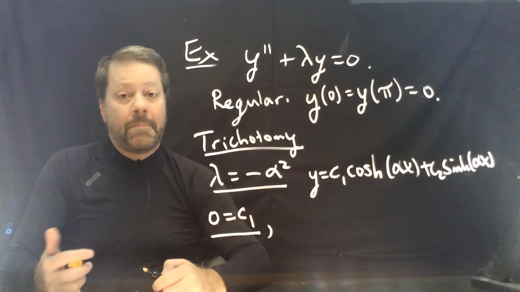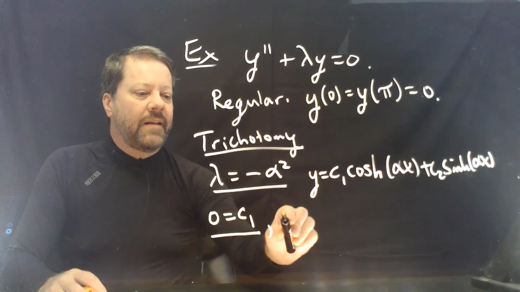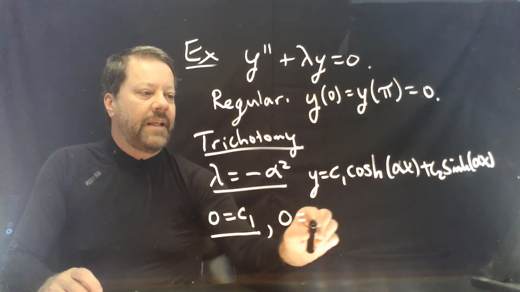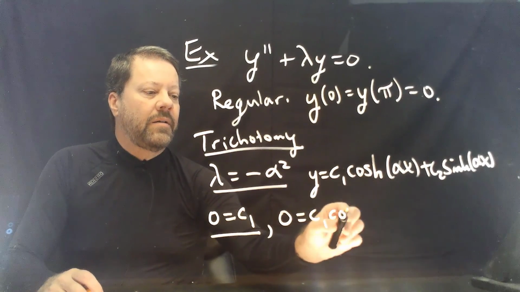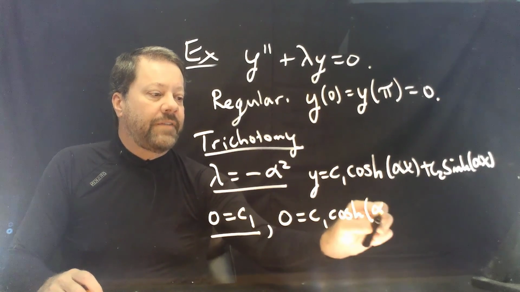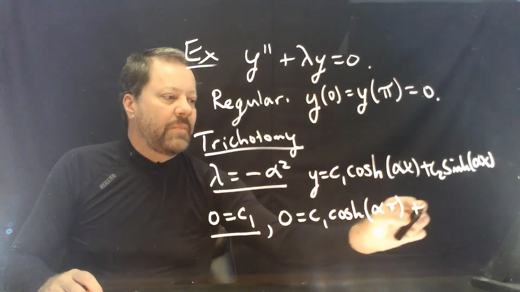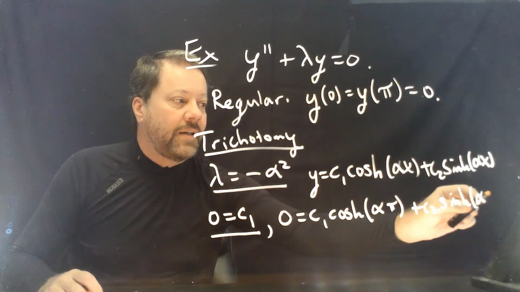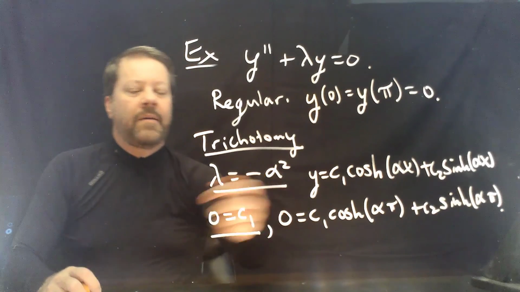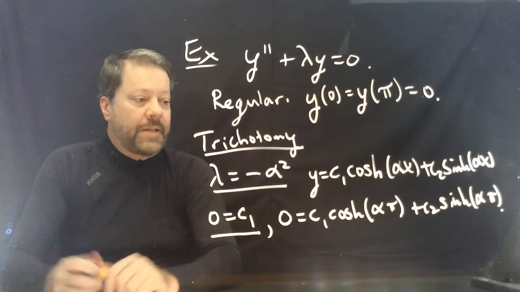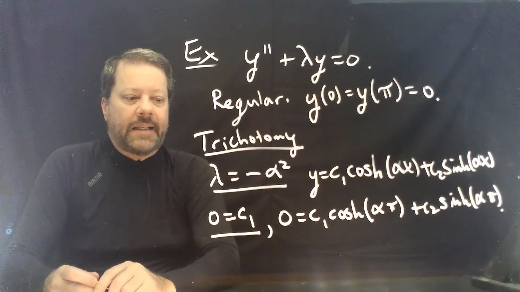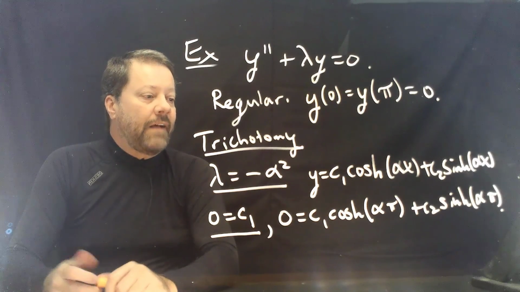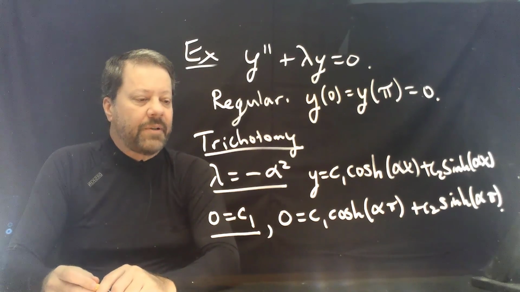Evaluating at pi gives us 0 equals C1 cosh of alpha pi plus C2 sinh of alpha pi. We're assuming that alpha is a positive constant without loss of generality. Consequently, alpha pi will be a positive number.